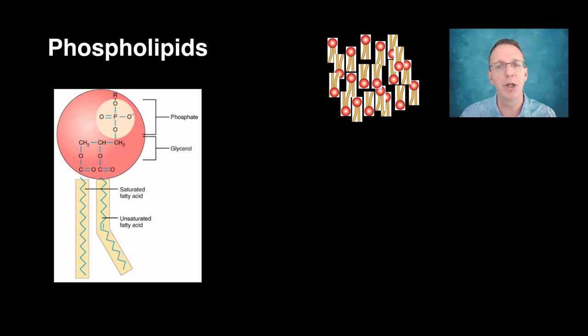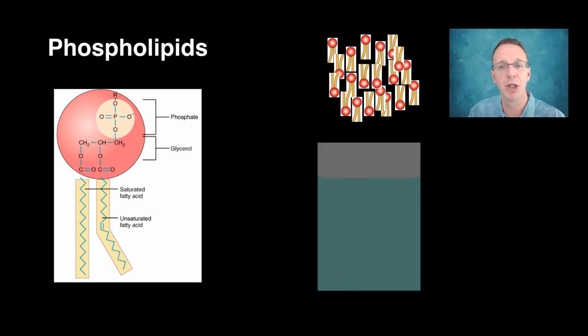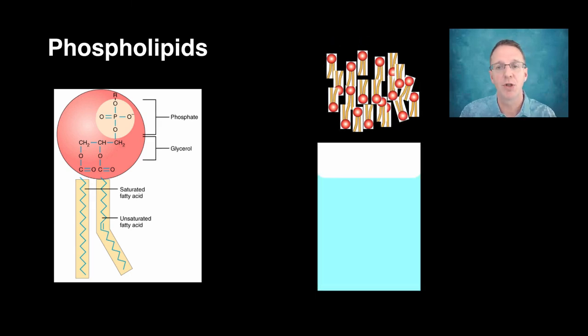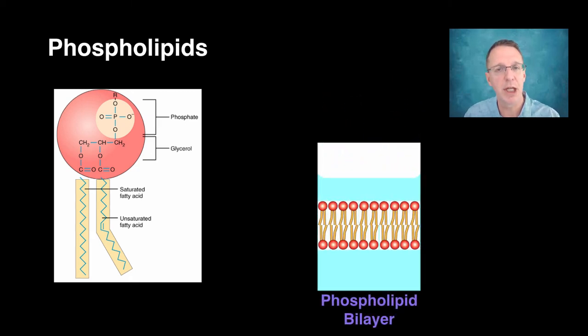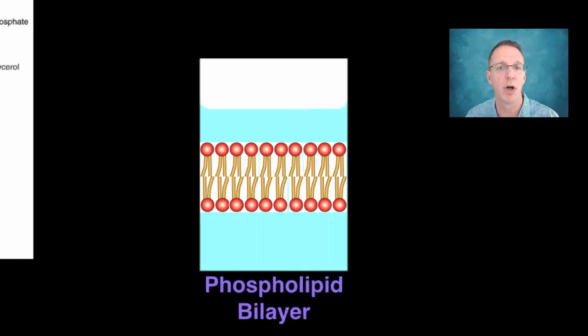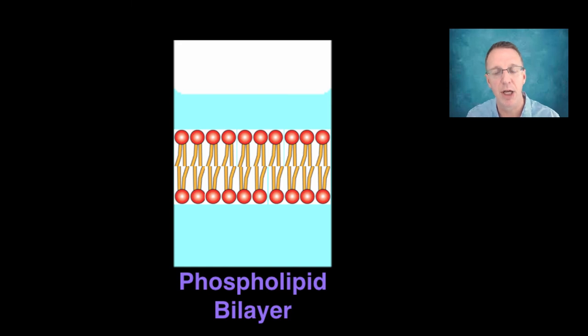If you take a whole bunch of these phospholipids and force them into water, the hydrophobic tails are going to try to avoid any water at all costs, and they will come together and form a phospholipid bilayer.